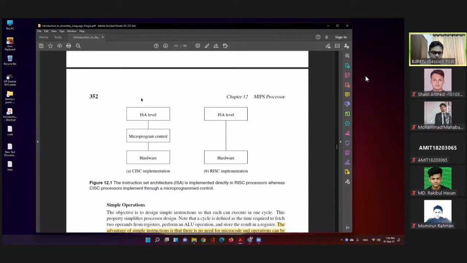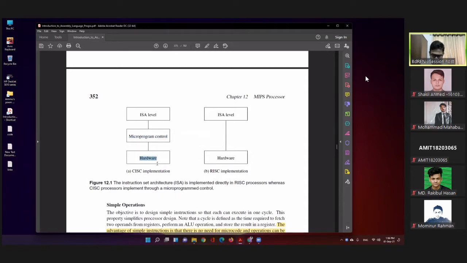The difference is whenever you write instruction set architecture, that level, that means this is actually the coding level or the structure level. So whenever you write any code into the CISC processor, it will be divided into microprogram first, and then it goes to the hardware level.